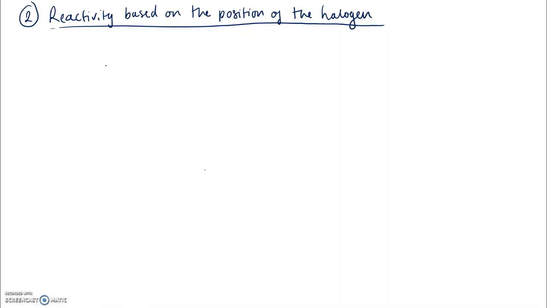First of all, you have the primary halogenoalkane, where you've got your carbon bonded to the halogen. There is at most one alkyl group, and all other atoms bonded to the carbon are hydrogen. So here is your primary halogenoalkane.